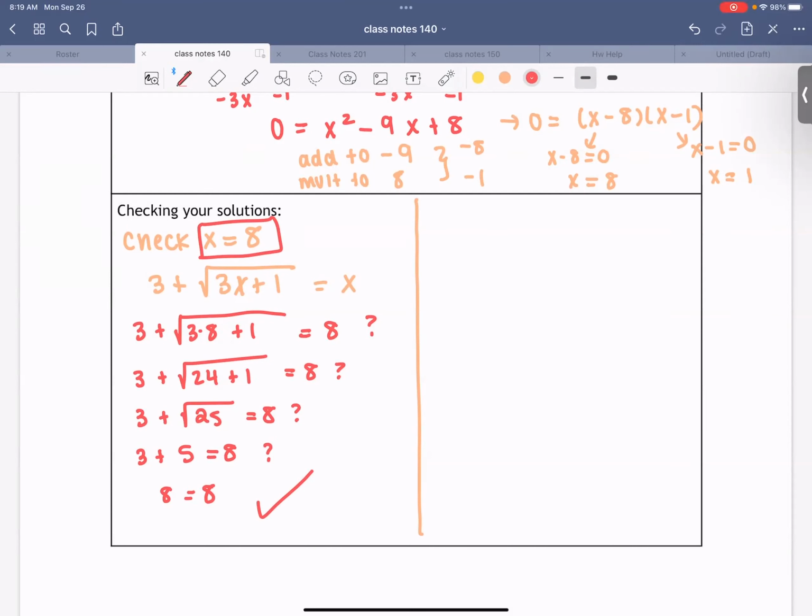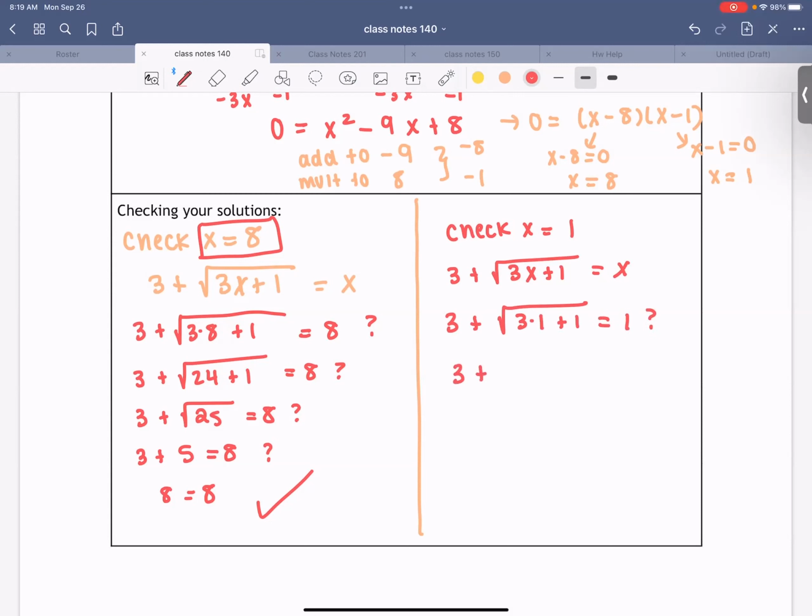All right, let's check the other one. Let's check x equals 1. Okay. So I'm going to rewrite my equation because I make mistakes all the time. We have 3 plus the square root of 3 times 1 plus 1 equals 1, question mark.